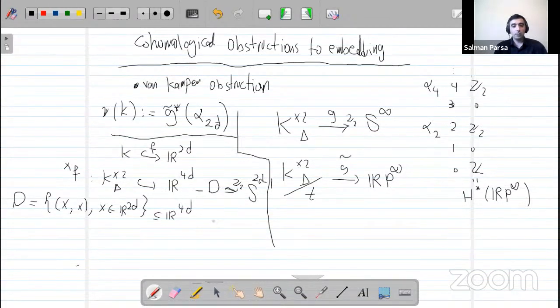And it tells us that there is a map of it into S infinity, which actually goes up to S to the 2D minus 1. And therefore, the existence of this F means that the Van Kampen obstruction has to be 0. So this is the cohomological obstruction.